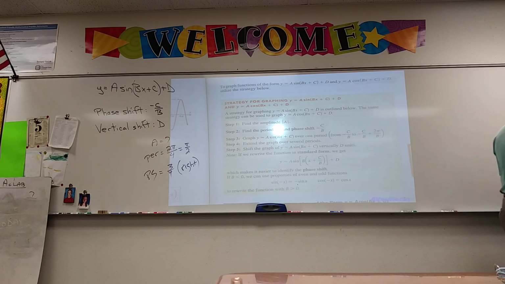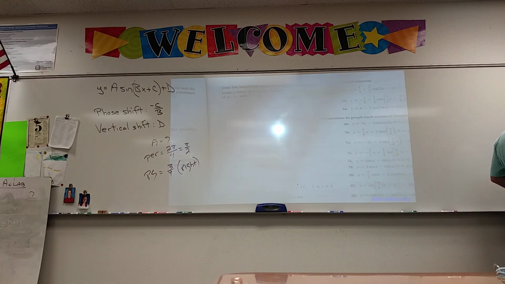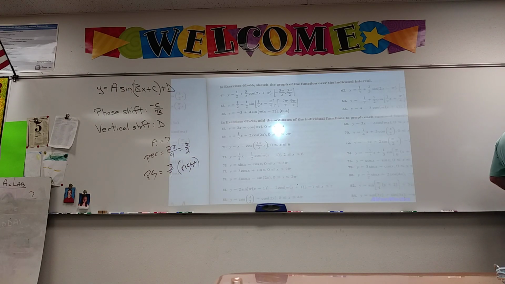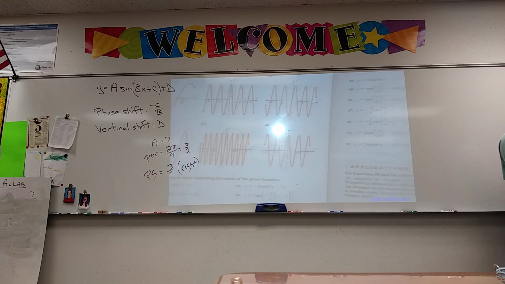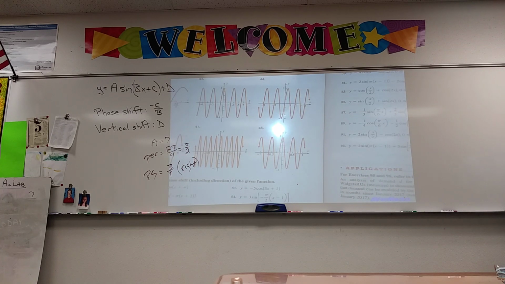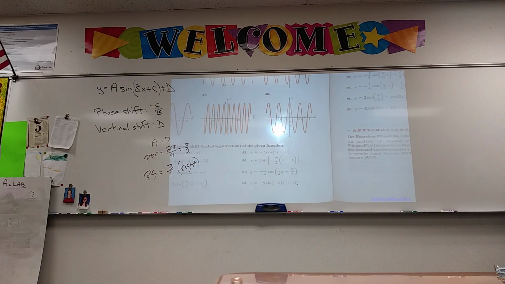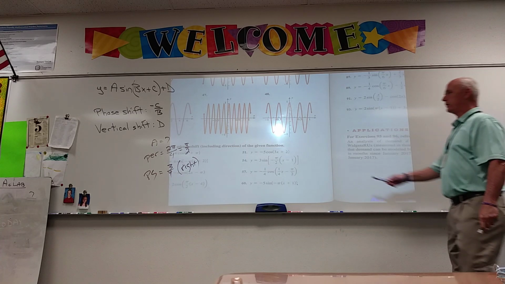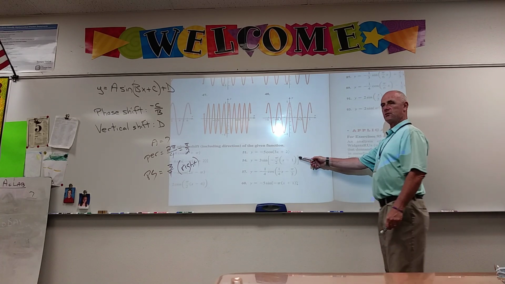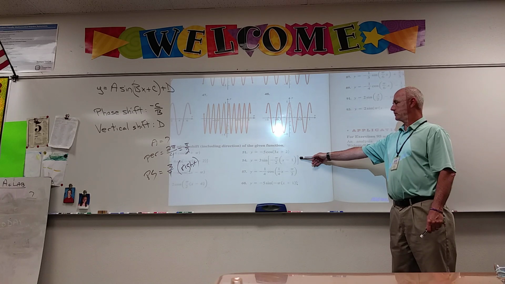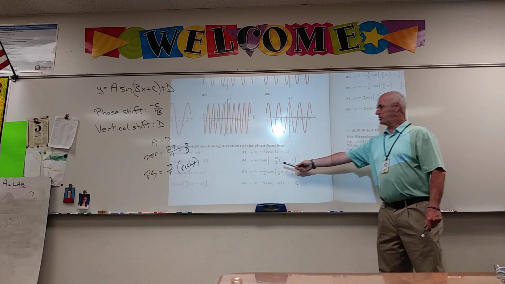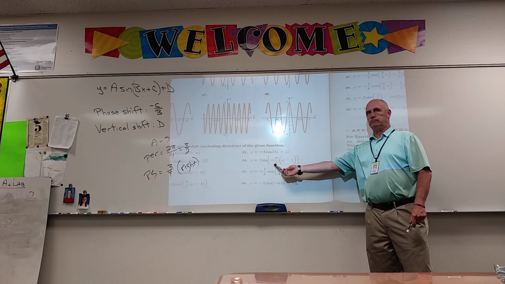So what I mean by that is, when we go here and we take a look at 54, for instance. You see how this is factored out in front here?